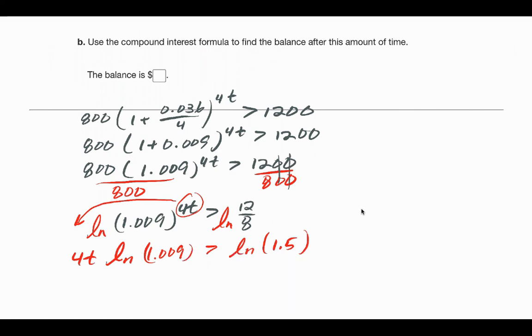Okay? So now, to get t by itself, I want to get t by itself. So to get t by itself, I'm going to divide both sides by 4 times the natural log of 1.009.